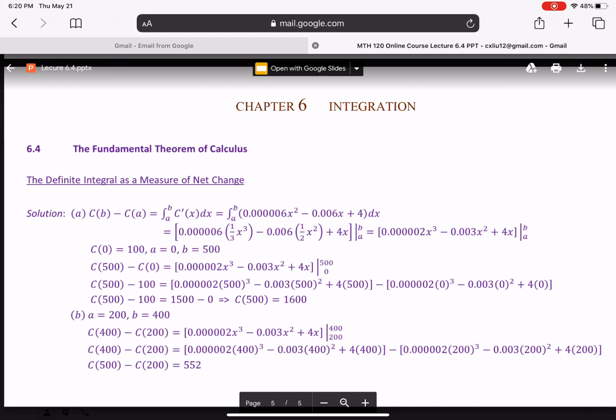So at the end, on the right side, we just got 1500. And also C of 0 is 100, as we already discussed. So then we can easily obtain C of 500 is 1600.